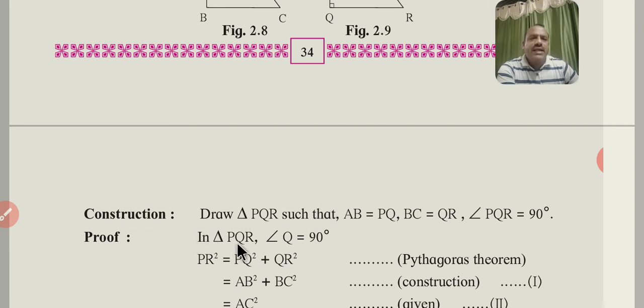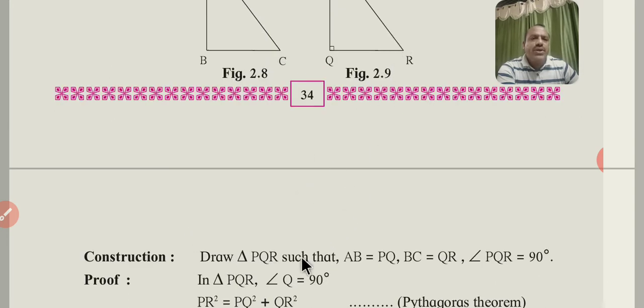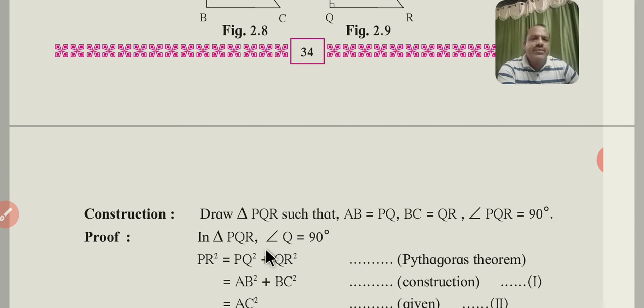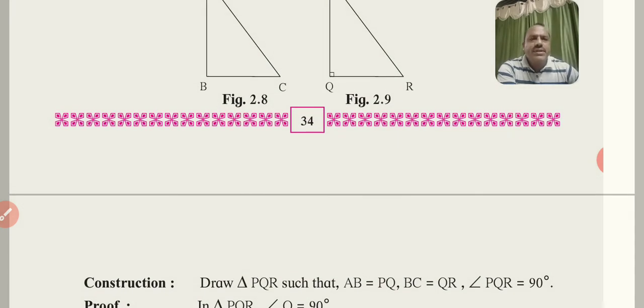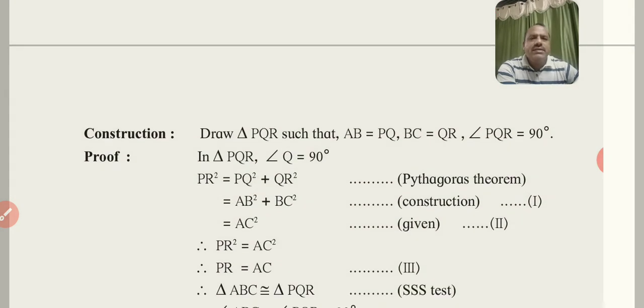Then proof: in this new triangle PQR, angle Q is equal to 90 degrees. Then PR square is equal to PQ square plus QR square. It is also known as the Pythagoras theorem.